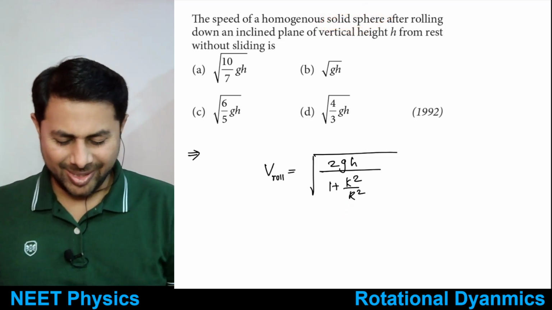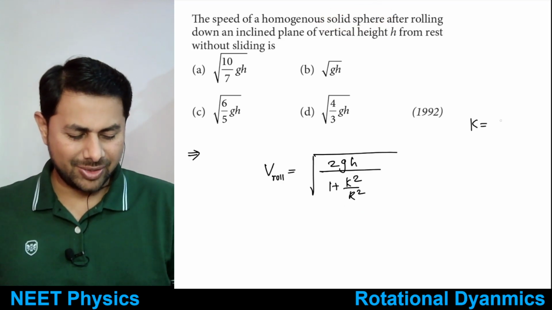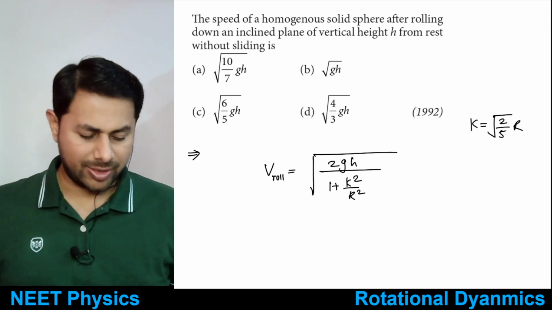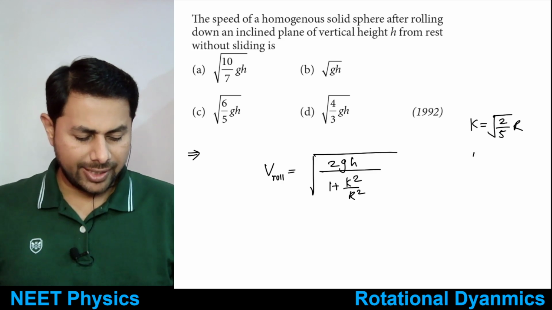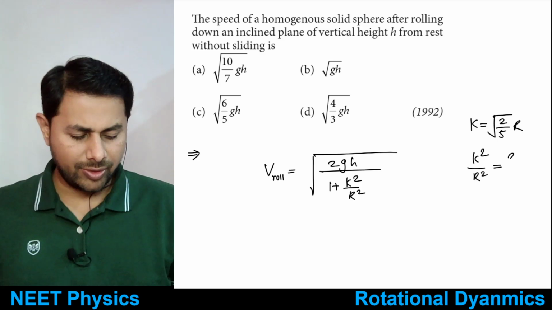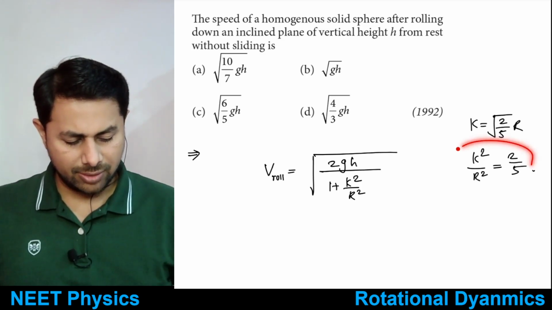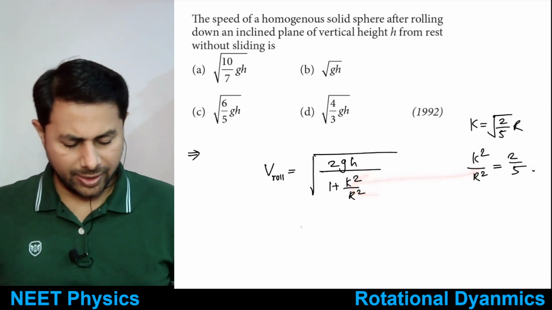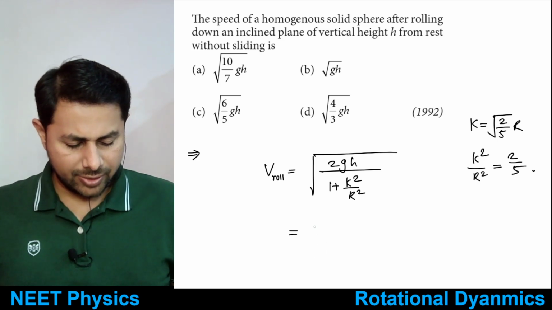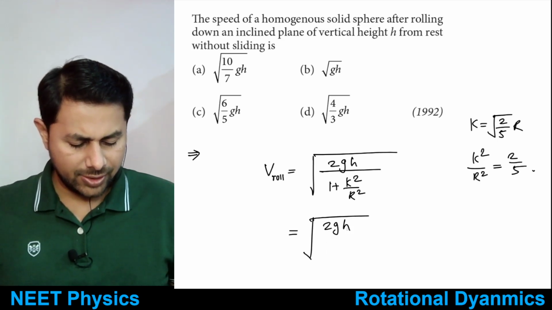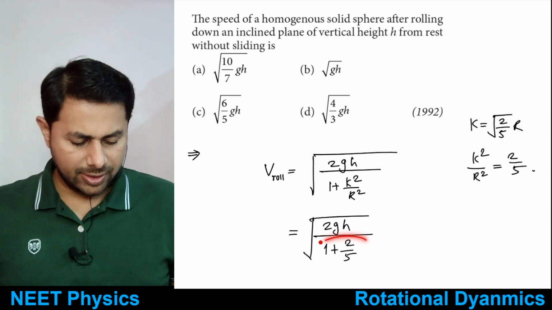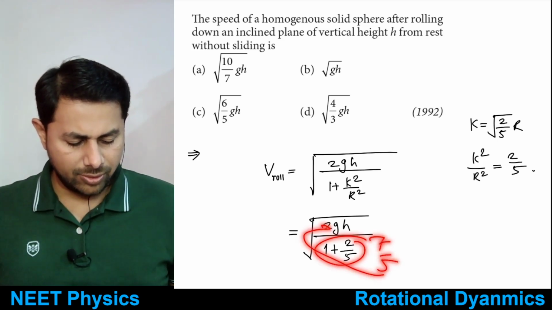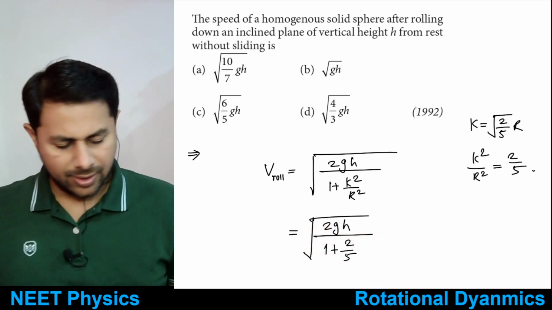It's a solid sphere, so k is equal to root 2 by 5 r. That means k square is 2 by 5 r square, so k square by r square is 2 by 5. Just substitute that here. We get root 2gh divided by 1 plus 2 by 5, which is 7 by 5. That 5 goes to the numerator, 5 times 2 is 10.